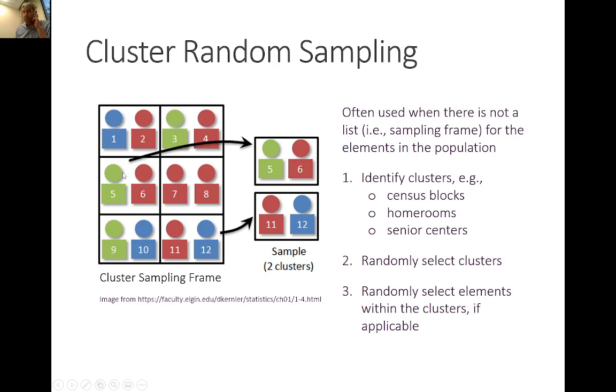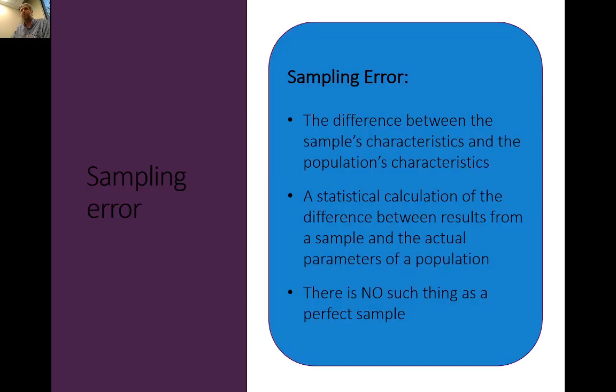By randomly choosing classes first, that makes it easier. In neighborhoods, this works as well. When Census does the American Community Survey, which is a 5% sample of the whole population each year, this is what they do. They pick neighborhoods, they randomly pick houses within those neighborhoods, but that way they ensure each neighborhood has some representative in it. So that's cluster random sampling.